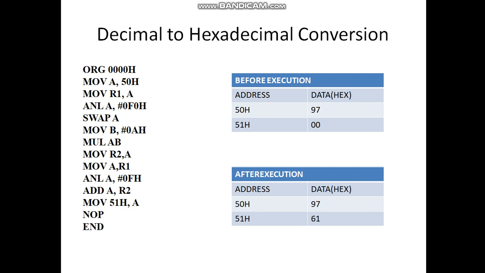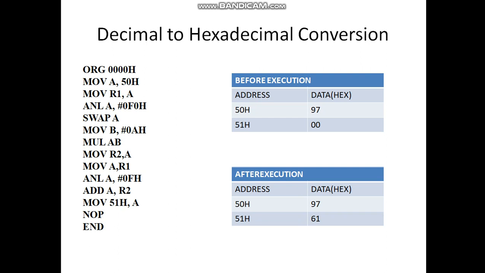Then R1: what is there in R1? A copy of the input which is there in 50H location, that is 97. Either you can store it in R1 register or directly take it from 50H location, it doesn't matter. Then it has to be ANDed with 0F.